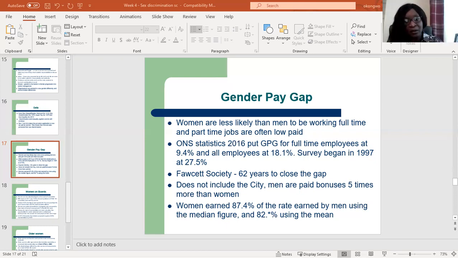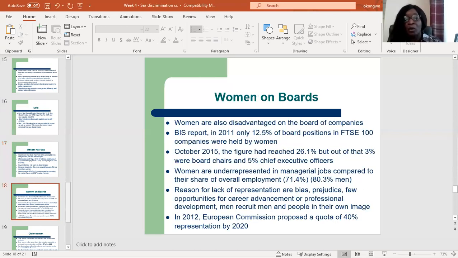Okay, so these are the ways all this inequality impacts on women. Then we also have women on boards. Women are also disadvantaged on the boards of companies. There's a report from the Department for Business, Innovation and Skills which showed that in 2011, only 12.5% of board positions in FTSE 100 companies were held by women.